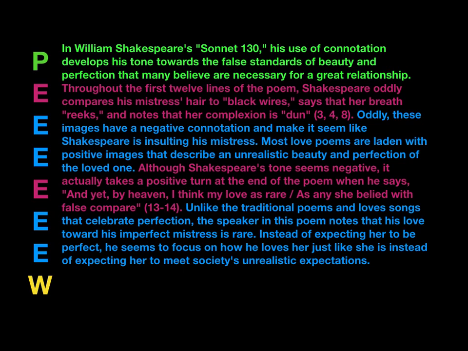So let's think. My first example is about how his tone is negative. My second example is about how he loves her like she is. So what do those 2 have in common? Well, those 2 seem to show, if you think about it, that he's saying that you can't expect somebody to be perfect, to be worthy of love.